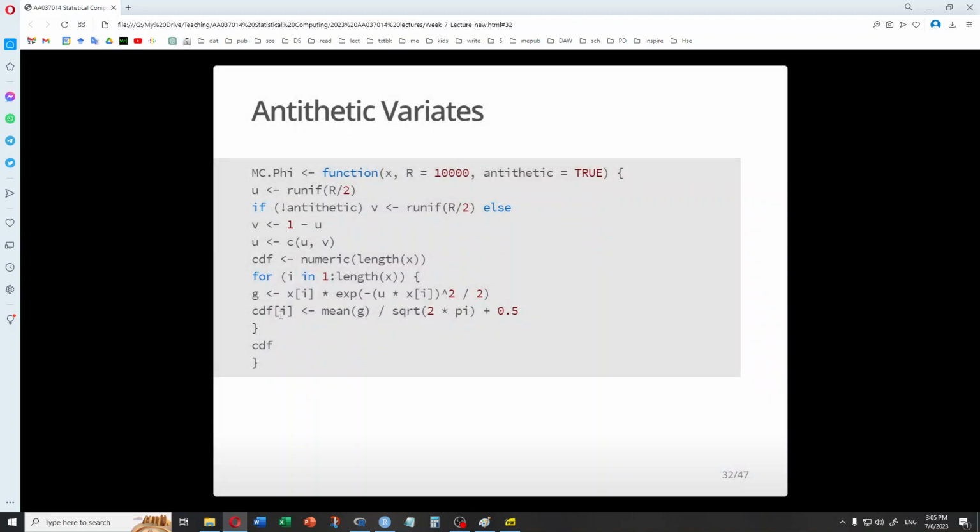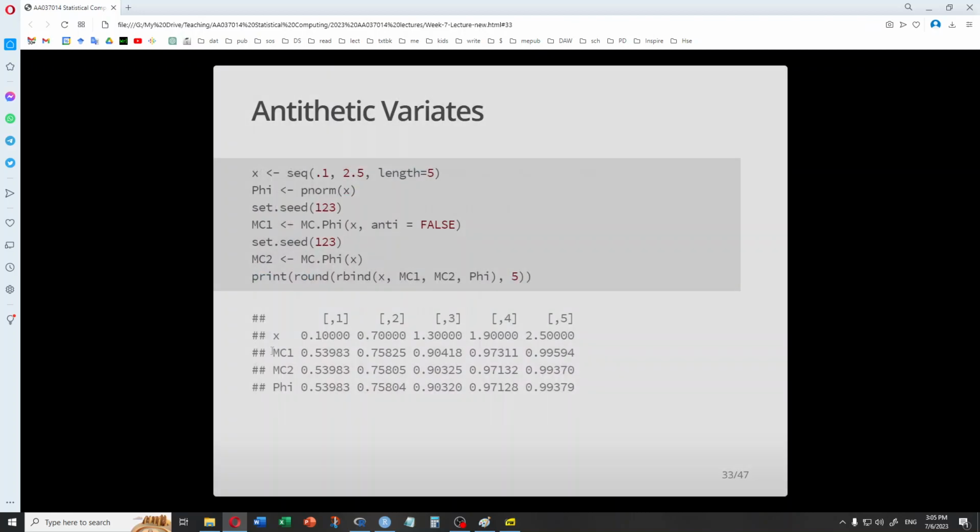Then the CDF is the mean of this g divided by the square root of 2 pi, plus 0.5. Lastly, we put the CDF here, so when you run the make phi function, it will report the CDF value.